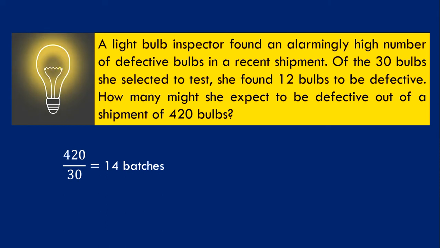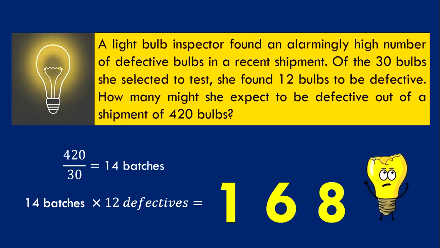If every batch has 12 defective light bulbs, we multiply 14 batches times 12 defective bulbs, and the total of possible defective light bulbs out of 420 is 168. Here, you can use the concept of ratio and proportion.